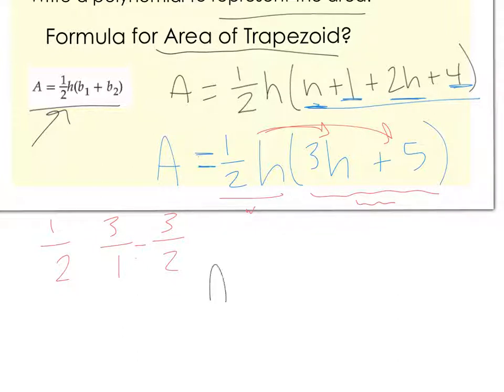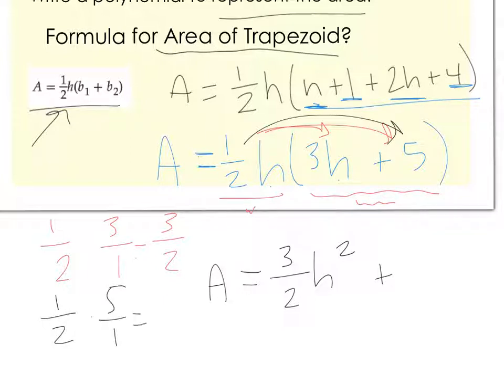So area equals 3/2 h squared, because h and h give me h squared. Now I take 1/2 h times 5, so 1/2 times 5 over 1 equals 5/2. And I add on the h, so plus 5/2 h.